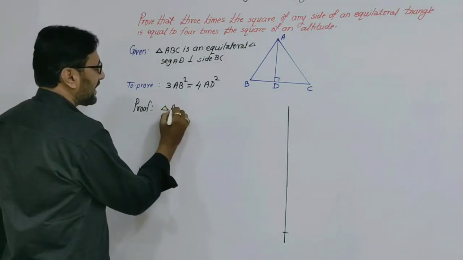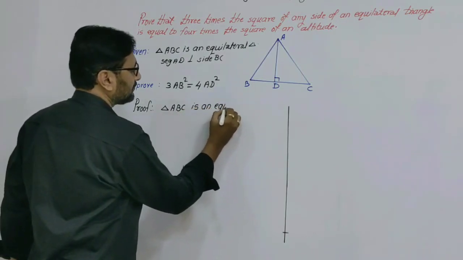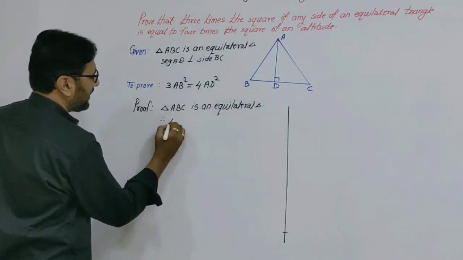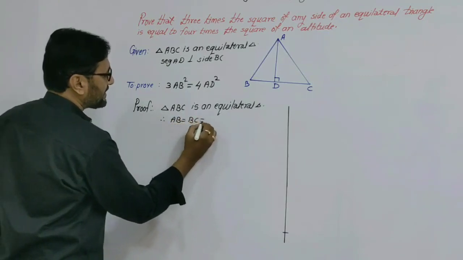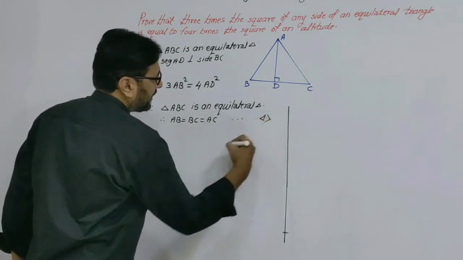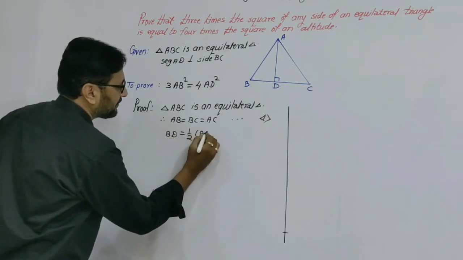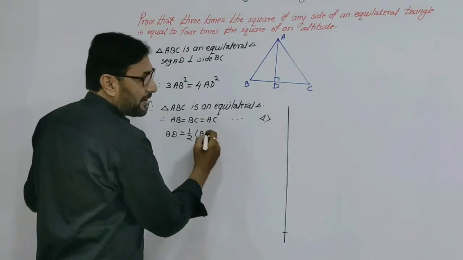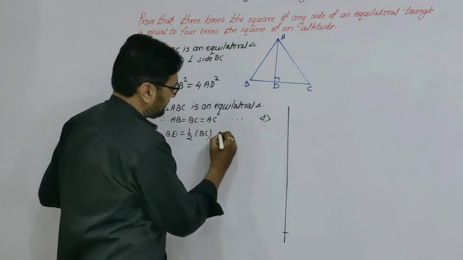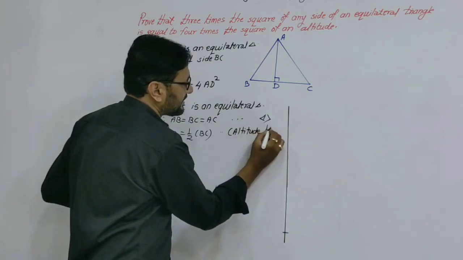Triangle ABC is an equilateral triangle. Therefore, AB is equal to BC is equal to AC. And suppose this is number 1, and BD is equal to half of BC, because in case of isosceles triangle or equilateral triangle, altitude bisects base.